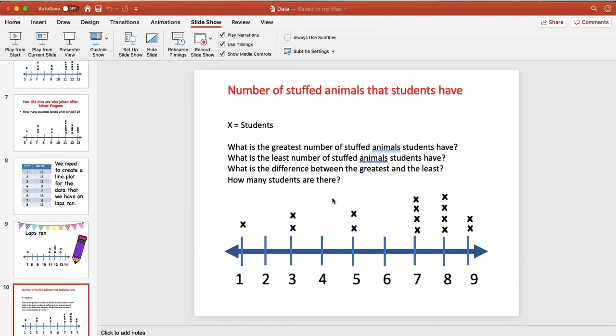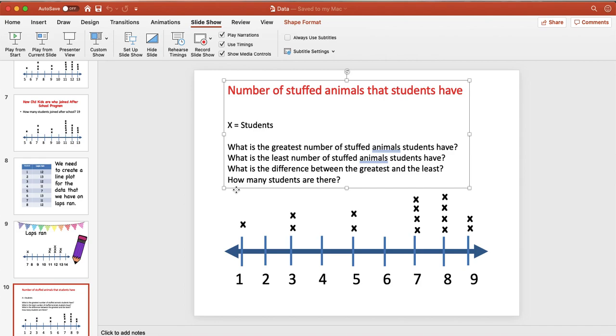What's the biggest number that I have here on my line plot? The biggest number here would be 9. So only 2 students have 9 stuffed animals, and 9 is the highest number of stuffed animals that they could possibly have. That's where my graph ends, at 9.